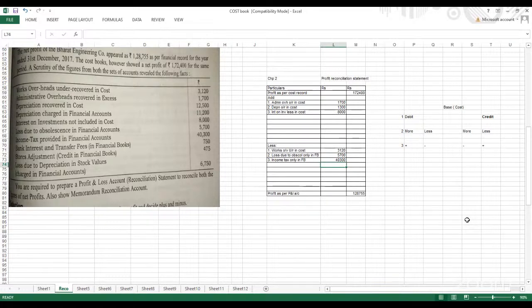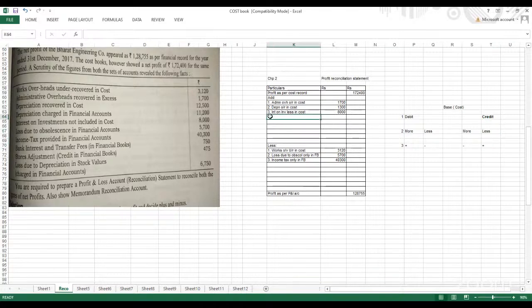Clear? Then bank interest and transfer fees. We are receiving bank interest, and we also receive transfer fees. Okay, it's an income. When shareholders transfer their shares, we get transfer fees. That's income. So this is a credit item. Clear? Now it is in financial books. Meaning in the cost sheet it is less. Okay, a credit item is not less in the cost sheet, so the effect will be add.